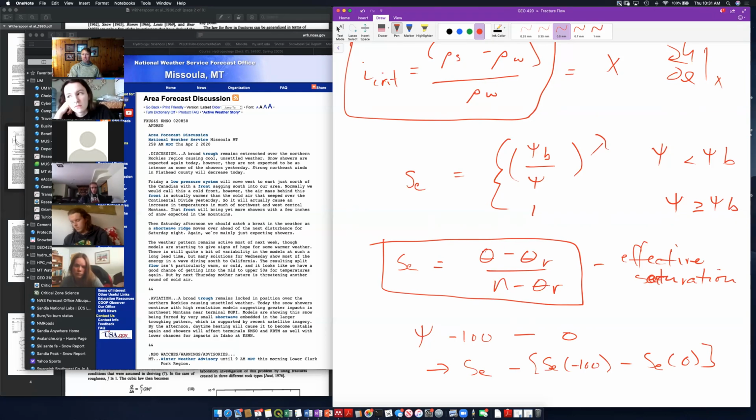When you're fully saturated, theta sub w is equal to n, and SE will be 1. When you're at residual saturation, theta will be equal to theta sub r, and SE will be equal to 0. So this just normalizes volumetric water content to vary between 0 and 1, between full saturation and residual saturation. That's all it does.